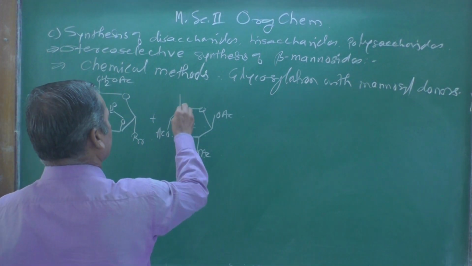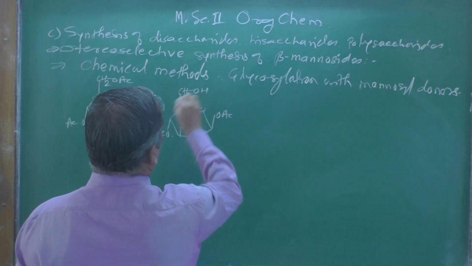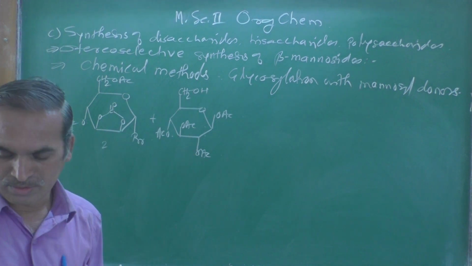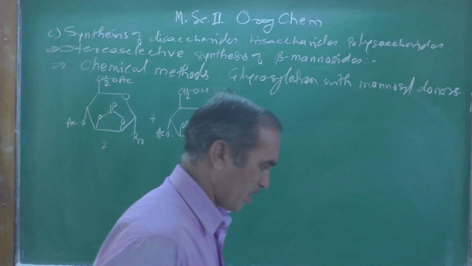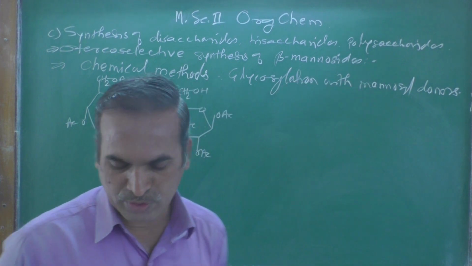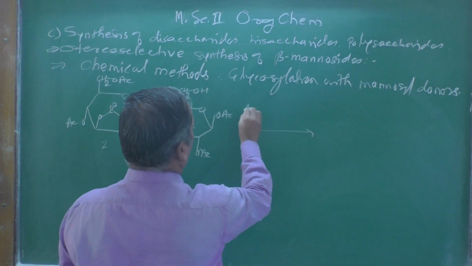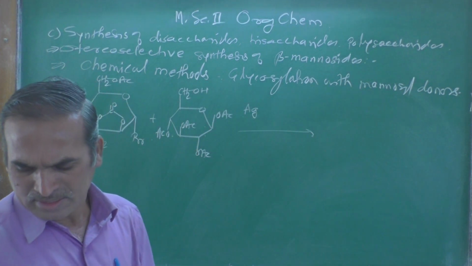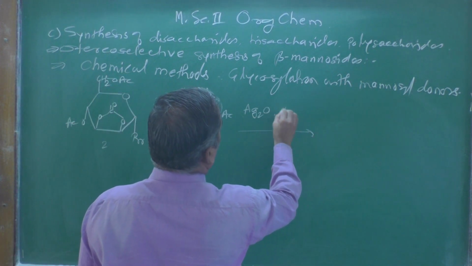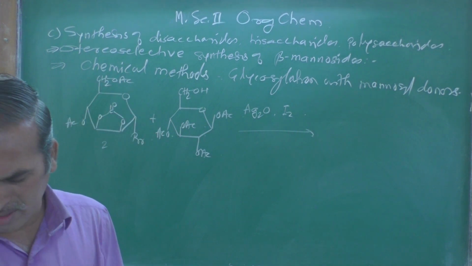And now for the desired product we kept this primary hydroxyl group free, so that it will be treated with silver, Ag2O, silver oxide, with I2 acting as a catalyst over here.